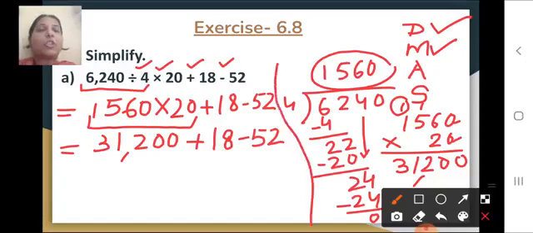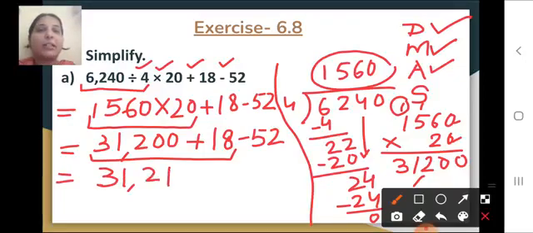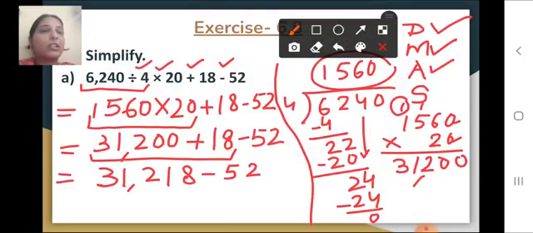Now multiplication also we have done. Now which one? Addition. So here you can see, we have to add 18 to it. So when we add, simply we'll get 31,218 minus 52. Now when we subtract 52 from 31,218, what will we get? 8 minus 2 is 6. Then 11 minus 5 is 6.